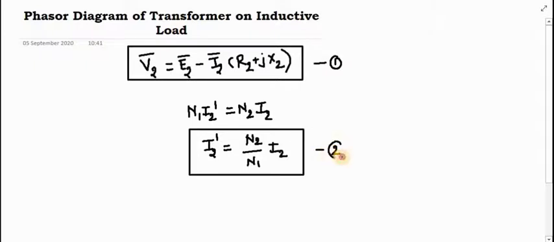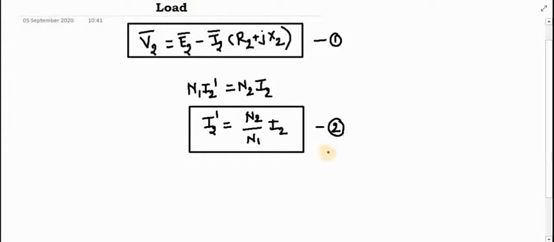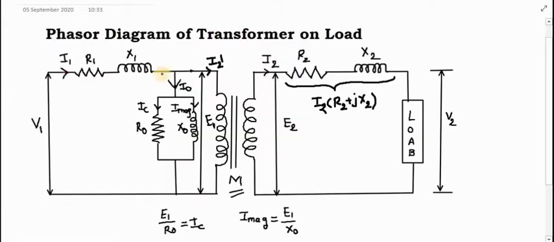These equations are helpful for developing the phasor diagram of the transformer on load. Now, as seen in this figure, your primary current has two components. Your I1 is the vector addition of the no load current I0 and the load component of the primary current, that is I2 dash, which is used to neutralize the demagnetizing effect of the secondary current I2.